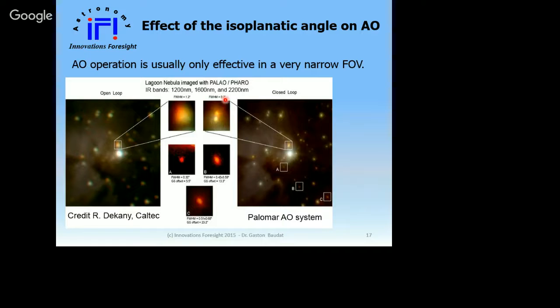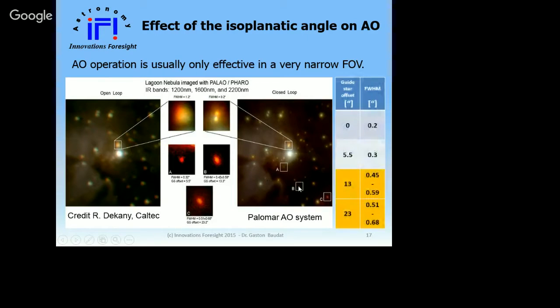There it is 0.2 arcsecond. However, when you move away from the guide star, which is one of those two stars, and you look at A and B and C stars, this is the image you can see. It's worse and worse. And this is because applying correction from this location on the field of view doesn't make any sense for C. And in between, it becomes worse and worse.